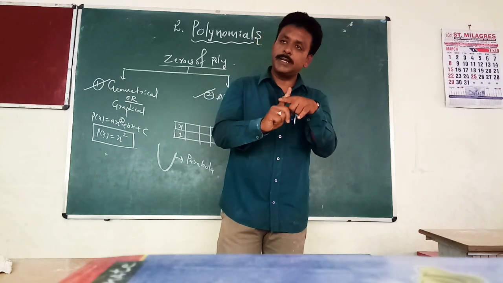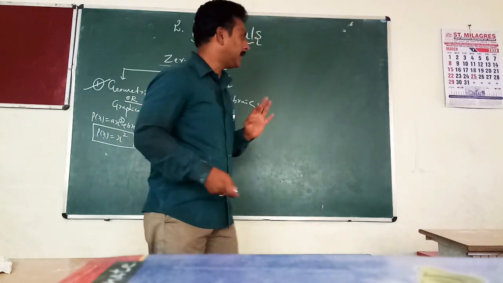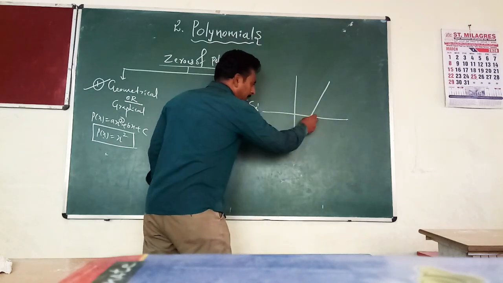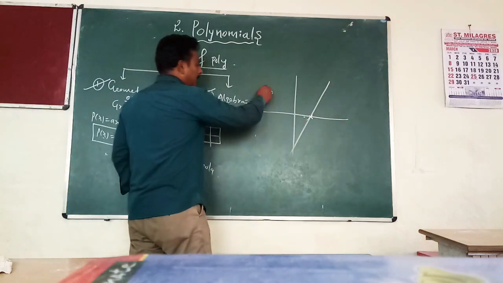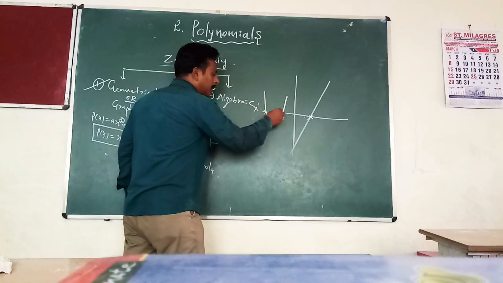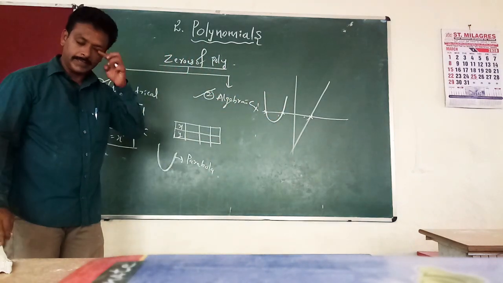Where it intersects the x-axis gives us the zeros of the polynomial. If a straight line intersects here, this itself is the zero of that polynomial. If a parabola intersects the x-axis here and here, these two are the zeros of the polynomial. That much we discussed yesterday.